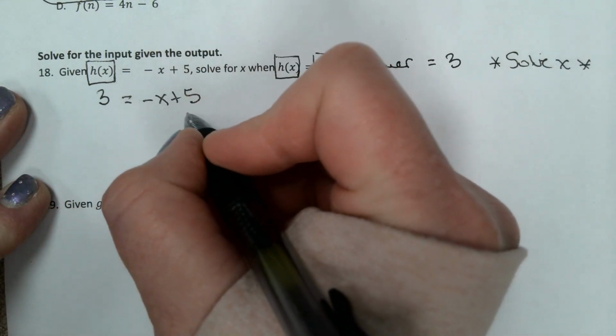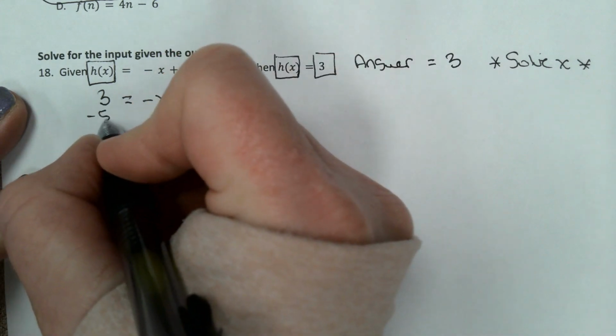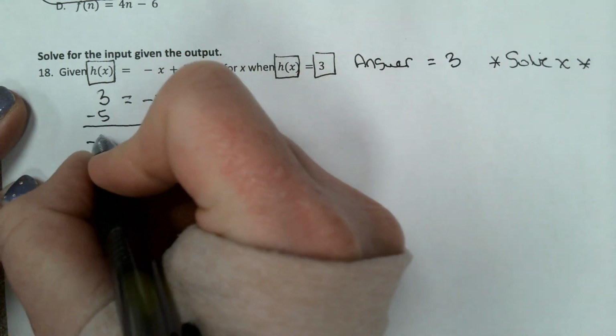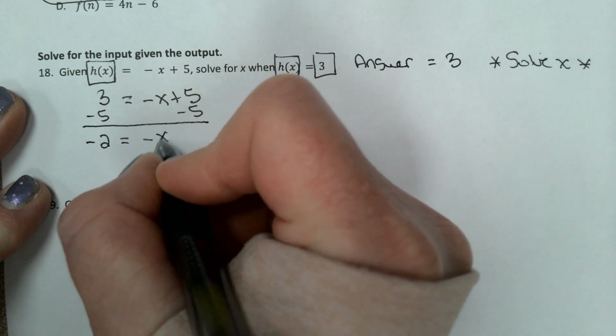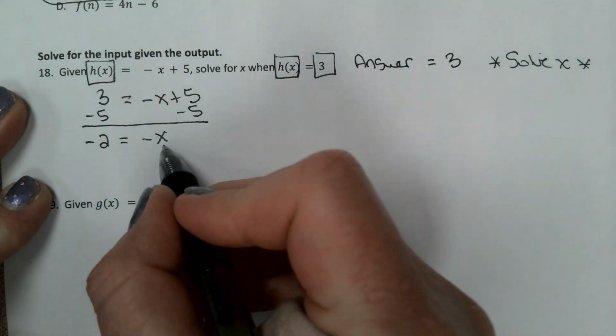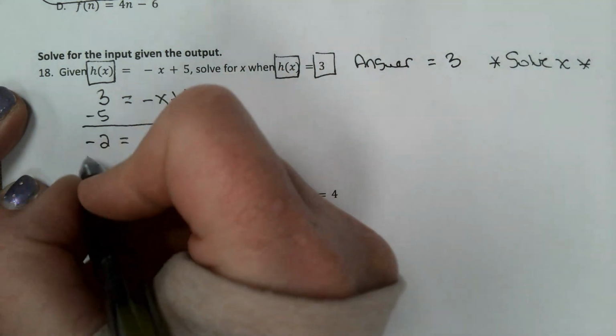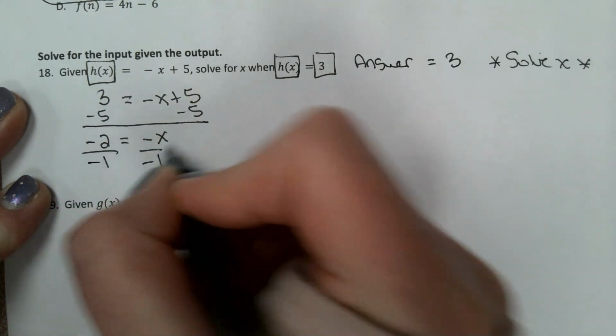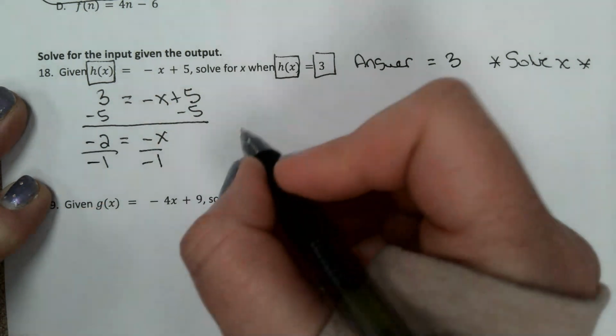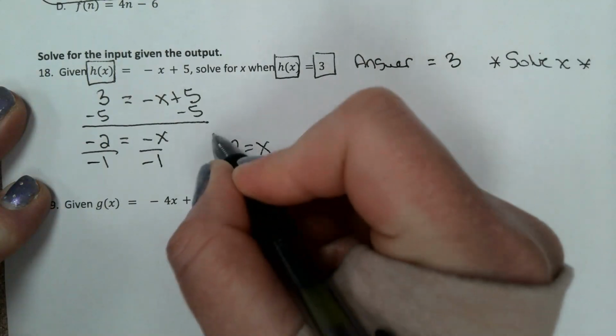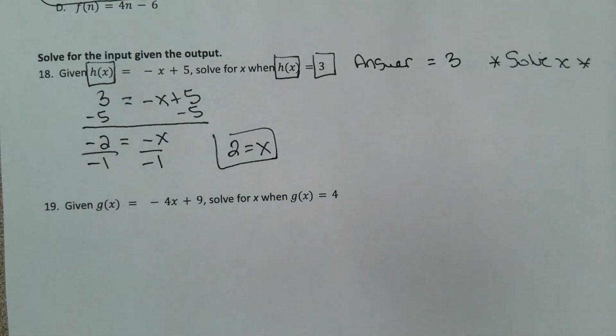I'm going to solve for x. So I'm going to subtract the 5 over. 3 minus 5 equals negative 2. I have to solve for x, so I have to get rid of that negative out in front. So that means I'm going to have to divide both sides by negative 1. And that's how I get 2 equals x.